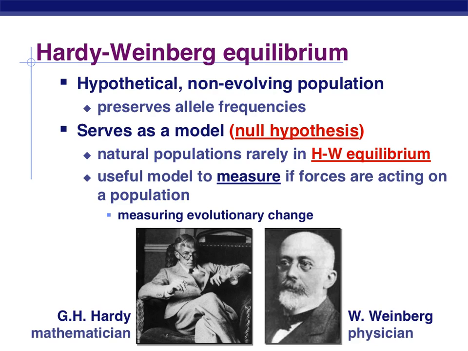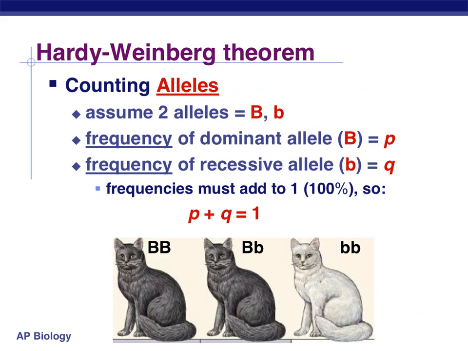Now, natural populations are rarely, if ever, in Hardy-Weinberg equilibrium, but it is a useful model to measure if forces are acting on a population. So we use it to see if evolutionary change really is taking place. The theorem states that we need to count alleles.